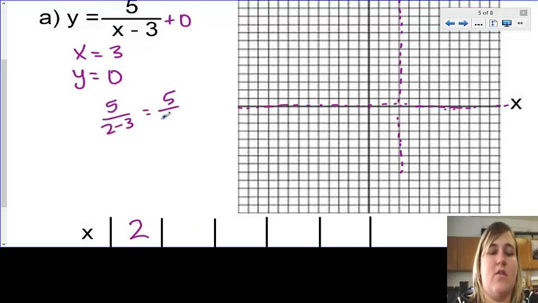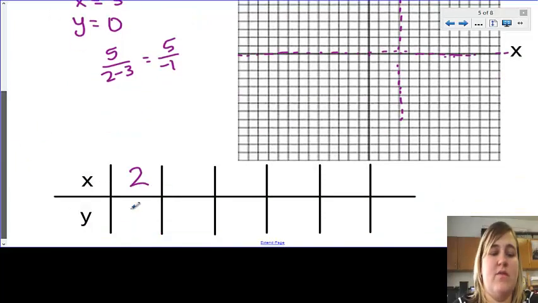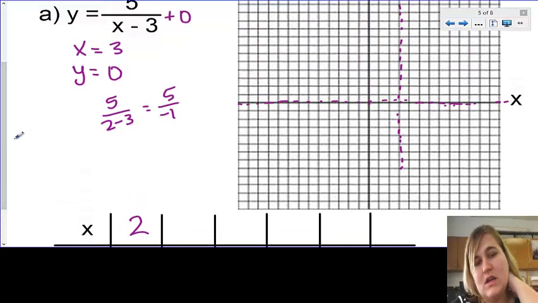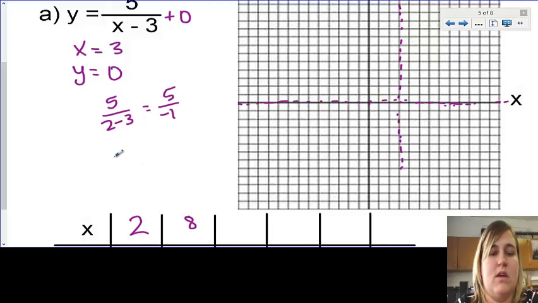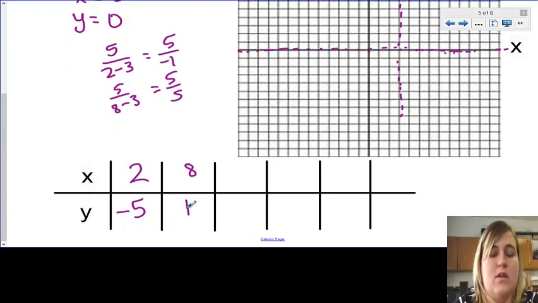Well, that would be 5 over negative 1, which is just negative 5 for y. The next one that I might choose would be 8, because if I put 5 over 8 minus 3, that would be 5 over 5, which is equal to 1.